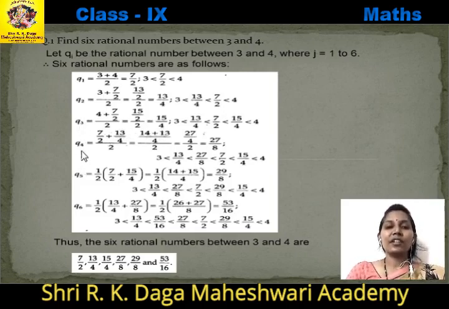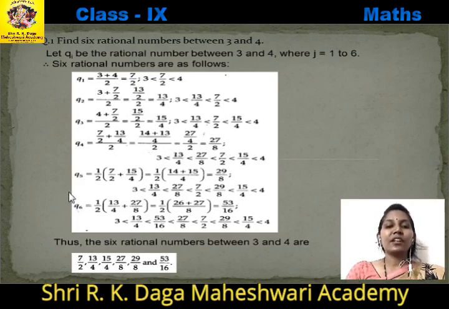Now the fourth rational number: we have found 3 rational numbers, which are 7 by 2, 13 by 4 and 15 by 4. Now we can use these numbers to find more rational numbers. So the fourth rational number is (7 by 2 + 13 by 4) upon 2, which is equal to 27 by 8.